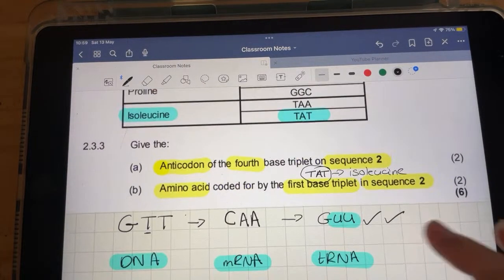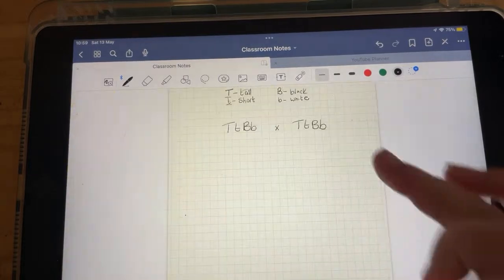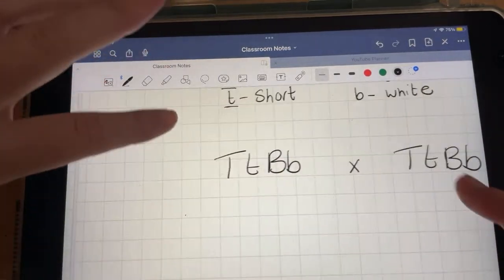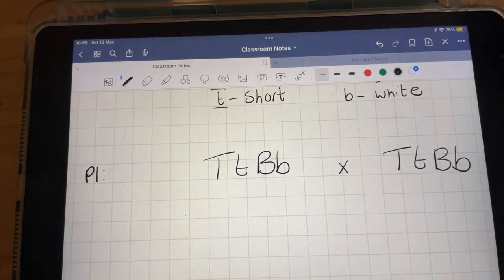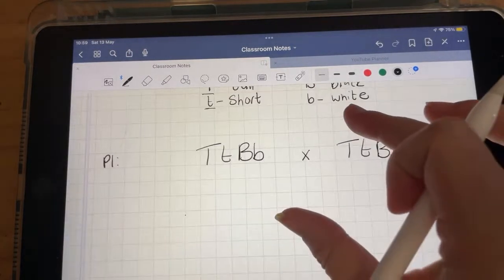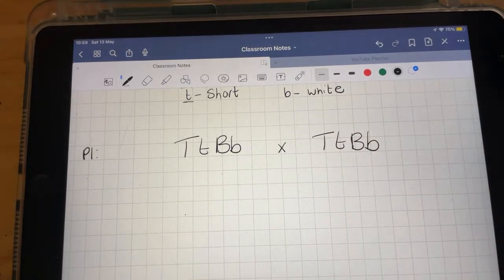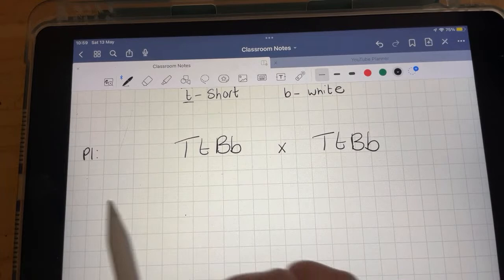Okay. Why is it jumping between the 2 pages? There we go. So in the margin here, I go P1, and those are my parents. And then what we now need to do is make some Punnett squares, and we need to finish this out properly. Please remember that the format of this is really important.